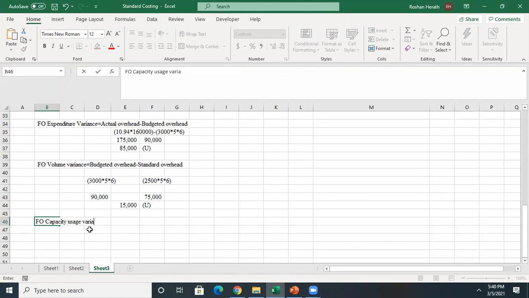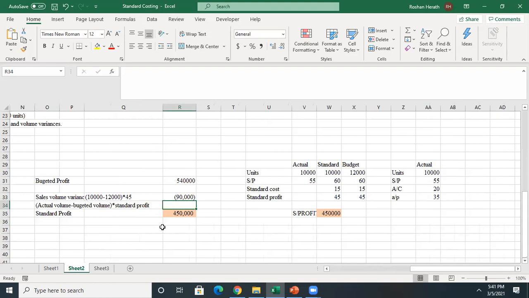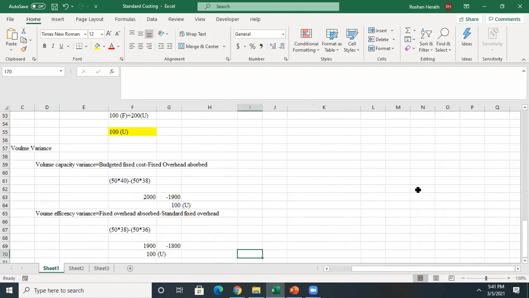I think when it comes to capacity, it's actual. You need to consider the actual scenario, and then you need to compare that with how we took that earlier. Let us look at that.